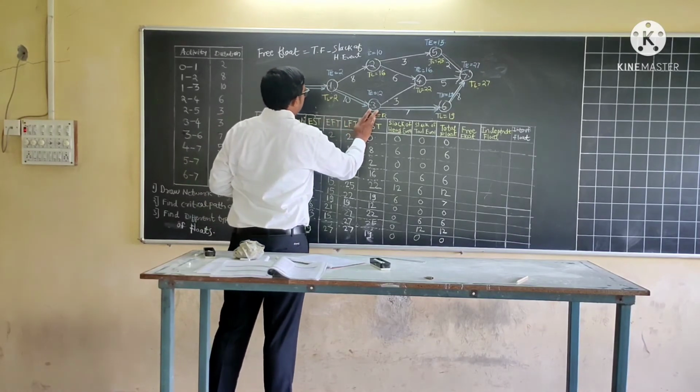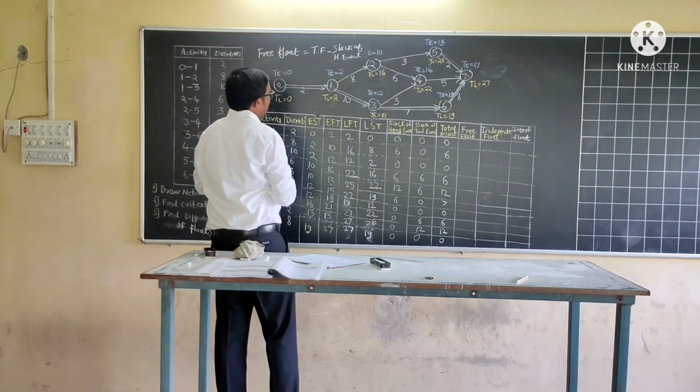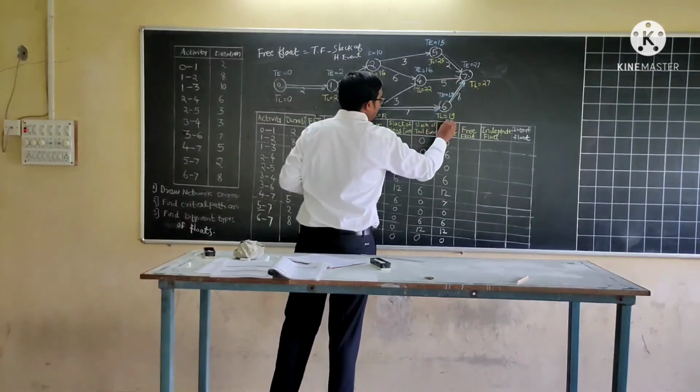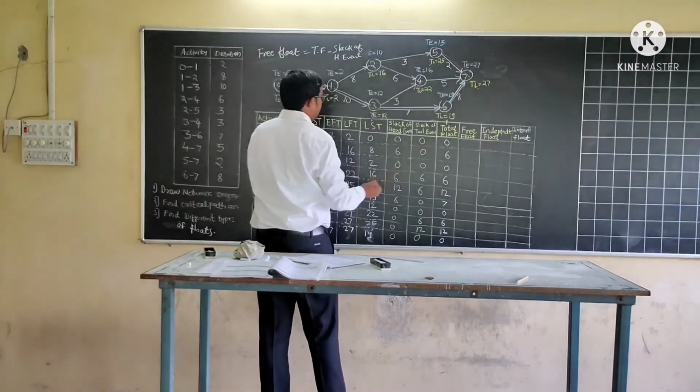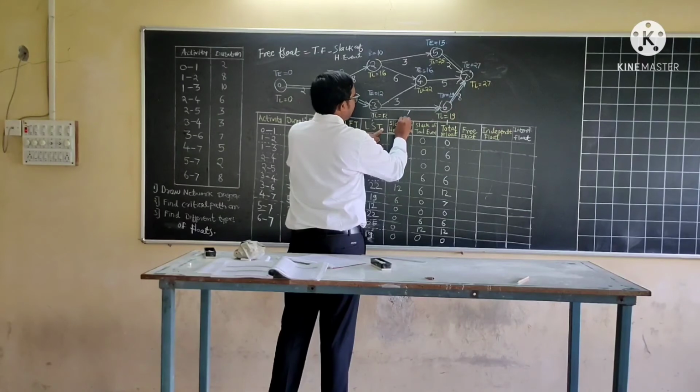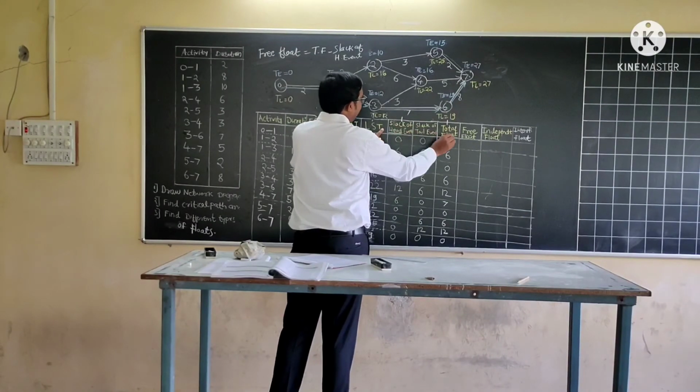So first of all you need to locate total float, and then deduct the slack of head event from total float.